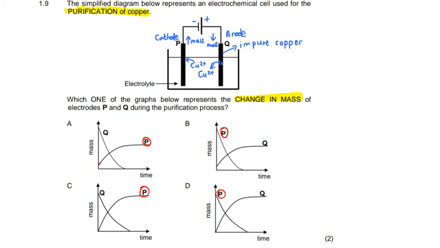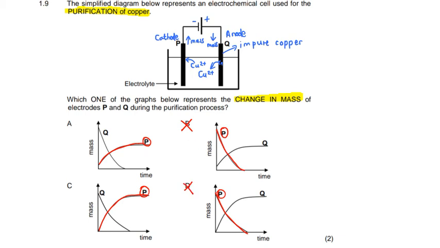For graph A, yes, I can see an increase in mass, so that's fine. But for graph B, I see a decrease in mass, so that is out. For graph C, I see an increase in mass. For graph D, I see a decrease in mass, so that is out.